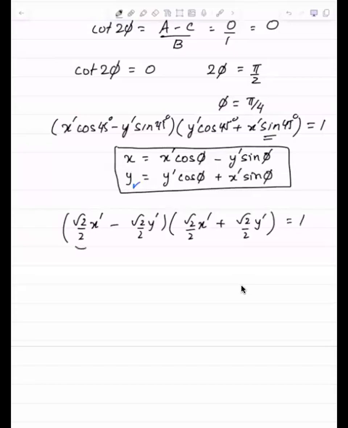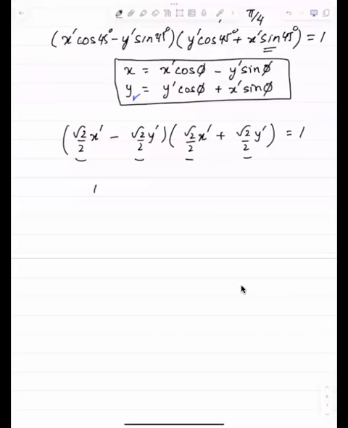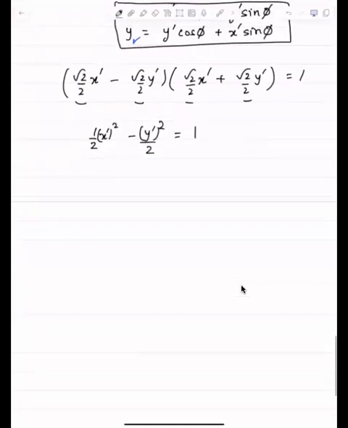I'm just writing this first for a reason. This is nicely in the form (a minus b) times (a plus b), which turns out to be a squared minus b squared. So root 2 squared is 2, 2 squared is 4, 2 over 4 is a half, y prime squared equals 1.